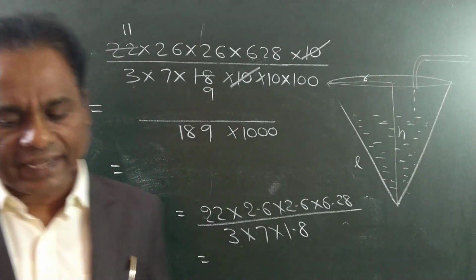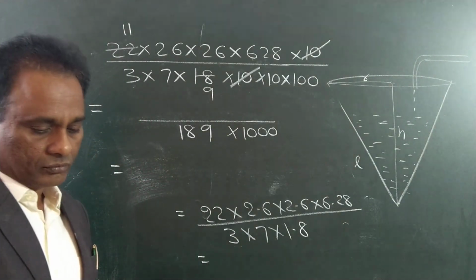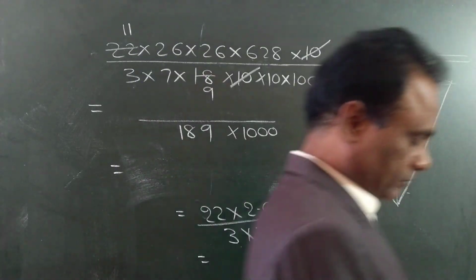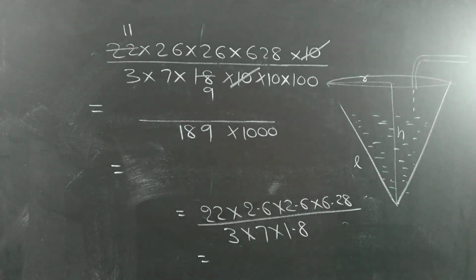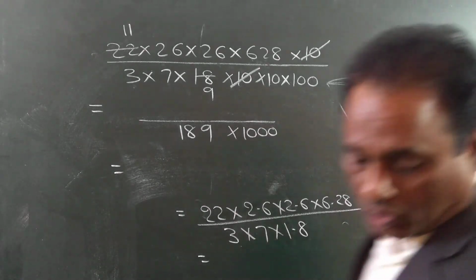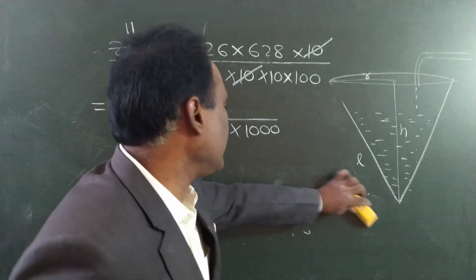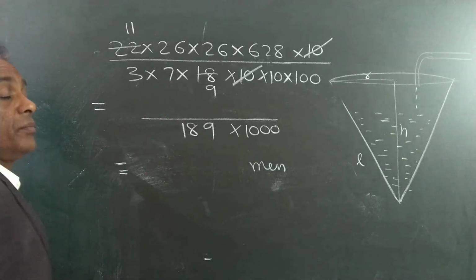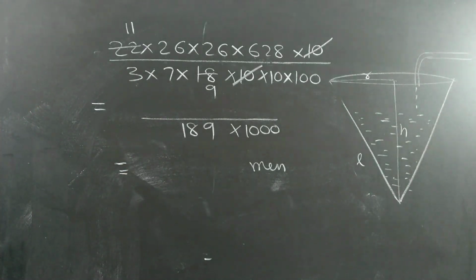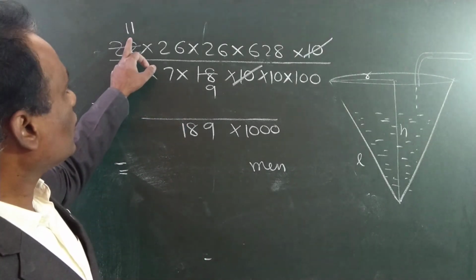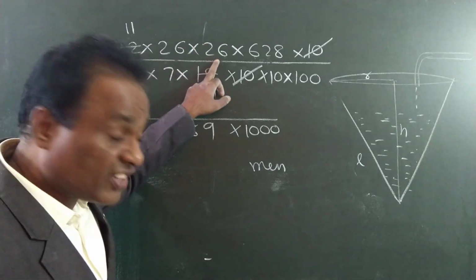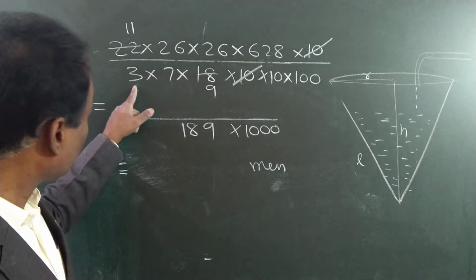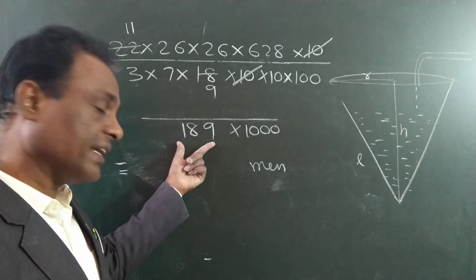You try, students. Try and get the answer. Approximately you will get the number in minutes, because the question is given in minutes, you will get the answer in minutes. 22 into 26 into 26 into 628 you write. 3 into 7, 21 into 9, 189 in the denominator.